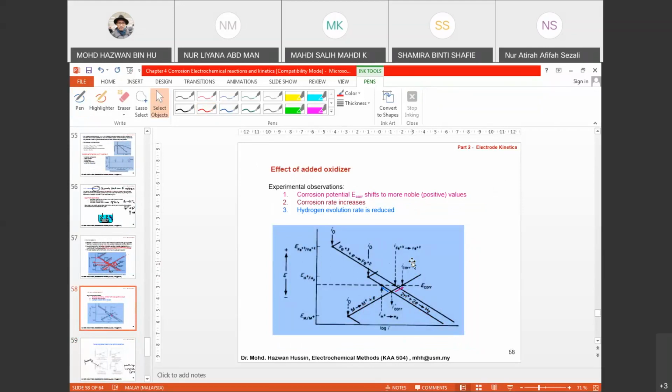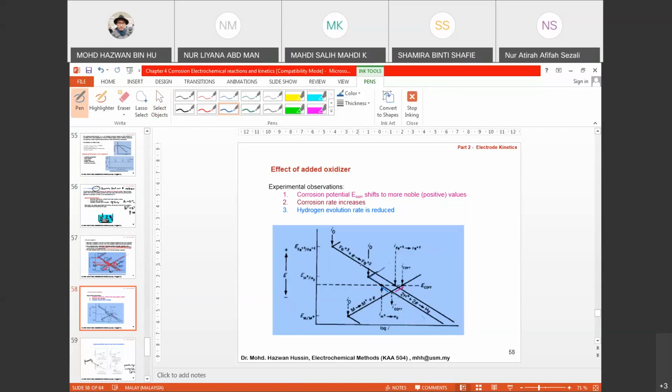All right, so I think this is the same thing as what I told you. This one tells you where this dotted line comes from. If you can see over here, this is for your hydrogen, right?